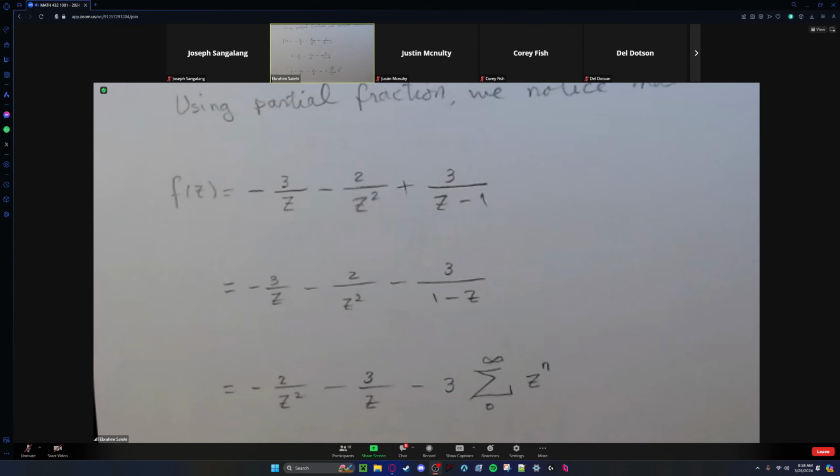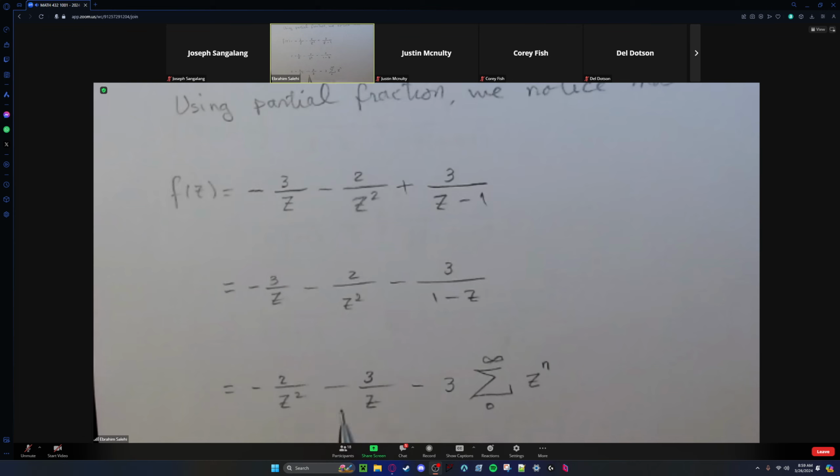This is called the analytic portion, and this the principal portion. The advantage of writing it in that fashion is that right away we know the residue of this function at 0.